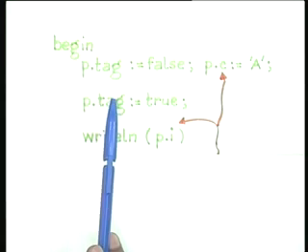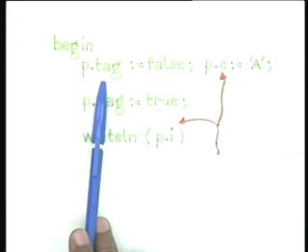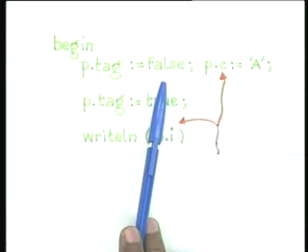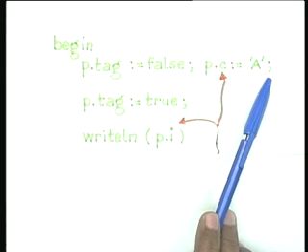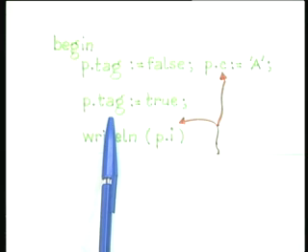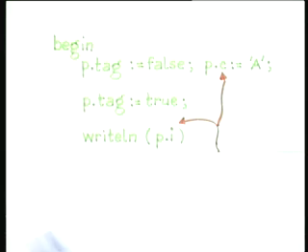So, you started off with P being from the characters and you assigned it a character, and then you change the tag so that now P became part of the integers, and so now you can write out an integer value.